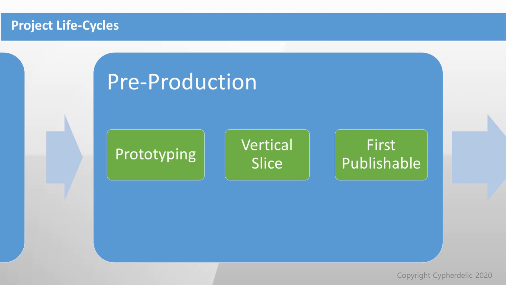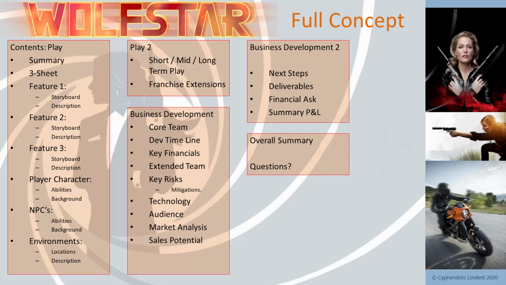So what do we want to do in prototyping? Very simply, we want to prove the play. And prove the play is fun. If we go back to our full concept template, we want to, as quickly as possible, prove to our imaginary studio boss all of these features are going to be successful and are going to form part of a really great game experience.